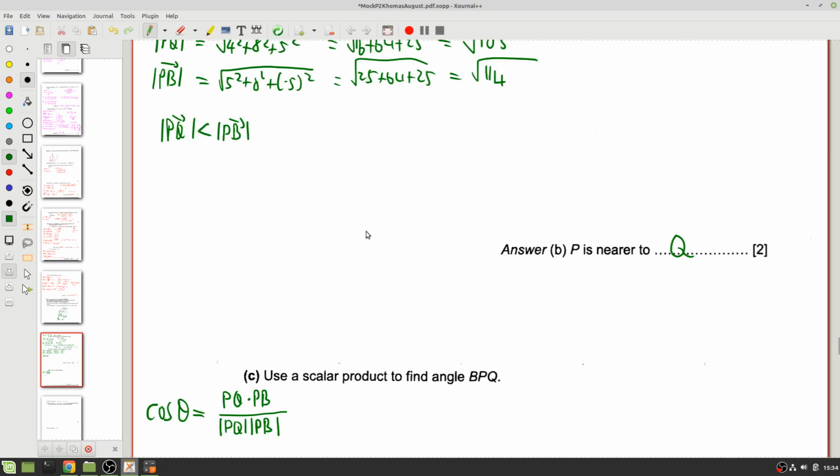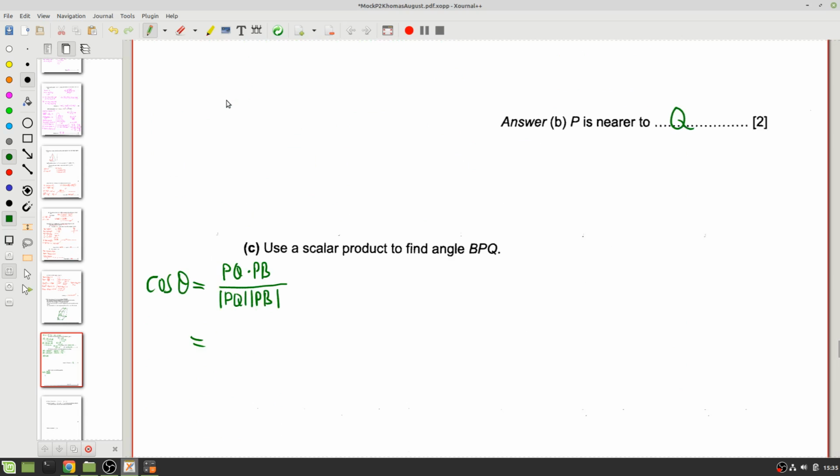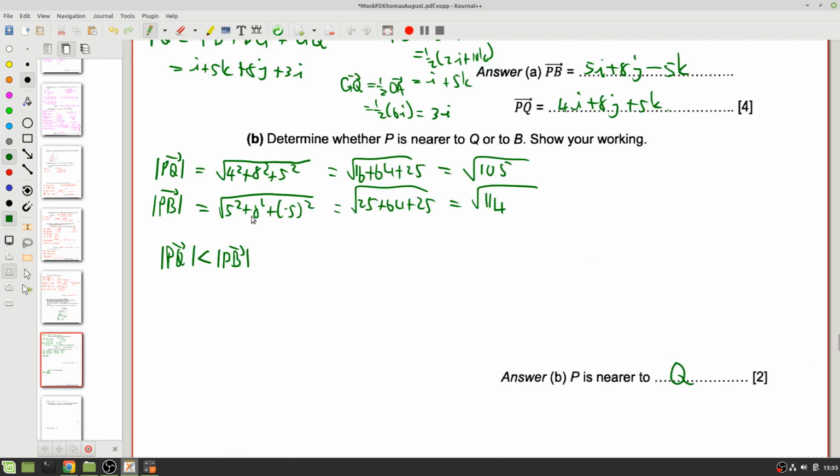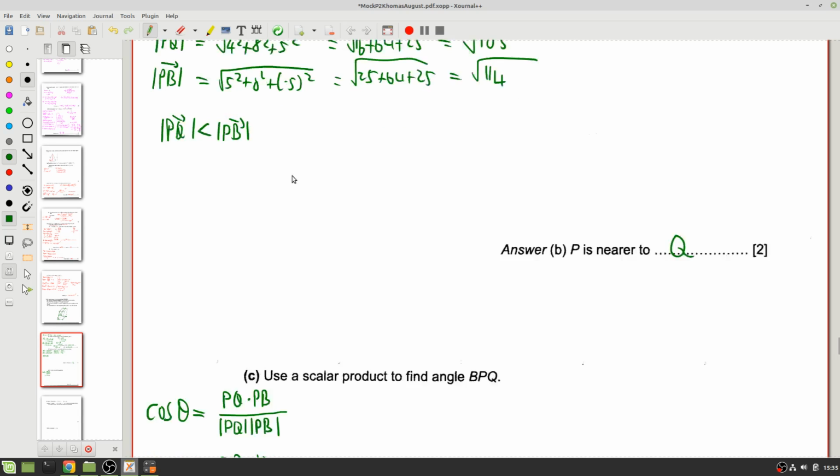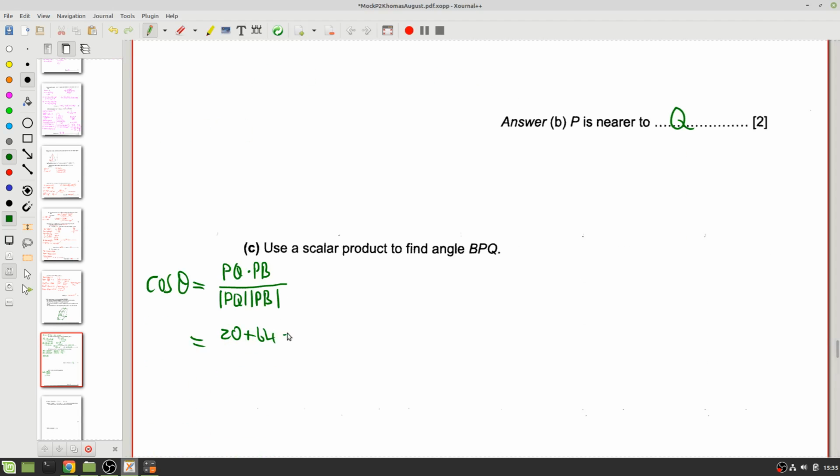So 4 times 5 is 20, and then 8 times 8, so that's plus 64, and then 5 times negative 5, so that's negative 25. Over, and the magnitudes we just worked out.